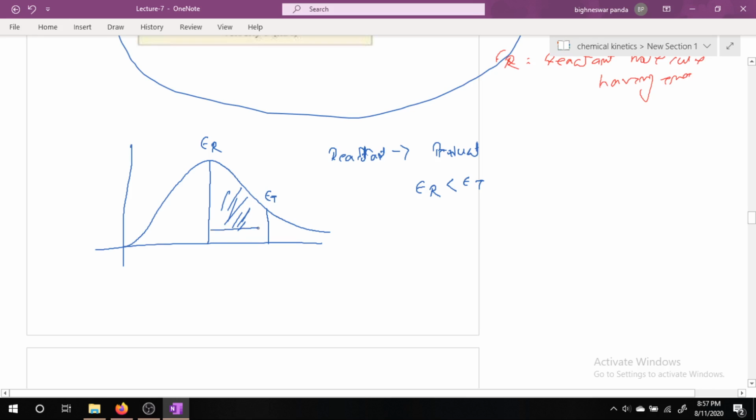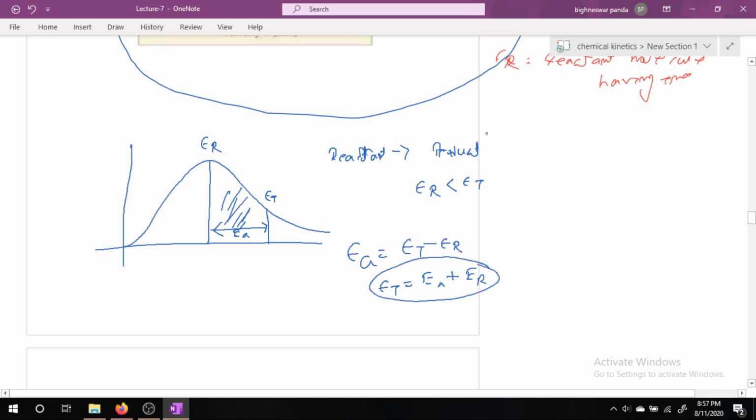So this much energy should be supplied to the reactant molecule in order to participate in the reaction. So in other words, activation energy is equal to threshold energy minus energy of reactant, or threshold energy is equal to activation energy plus energy of reactant.